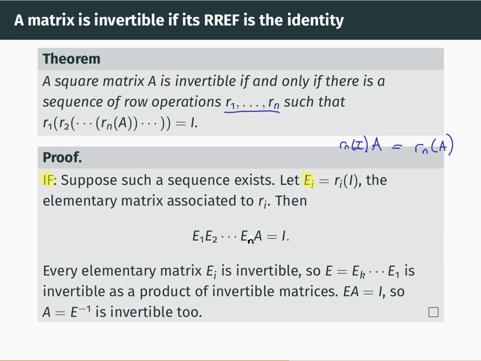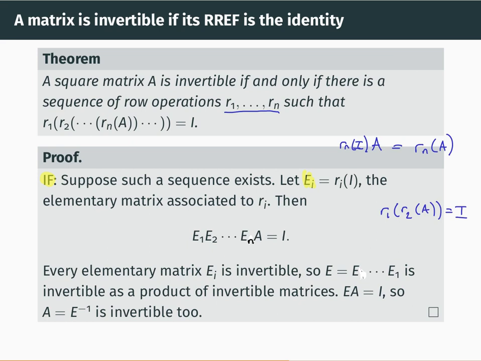So using that identity a lot of times, by replacing R1 of R2 of R3 of up to Rn of A with A times En times En minus 1 and so on, we get that the product of the E's multiplied into A gives us the identity. It's a little easier to understand what's going on there if you think about a small example. Let's suppose n was equal to 2, so R1 of R2 of A was equal to the identity.